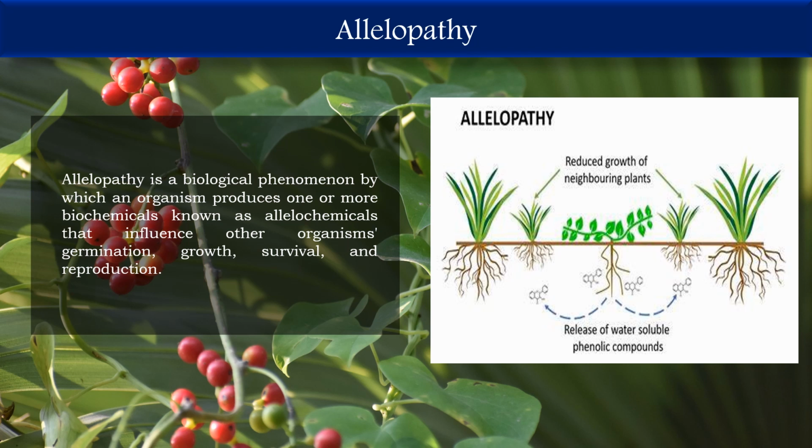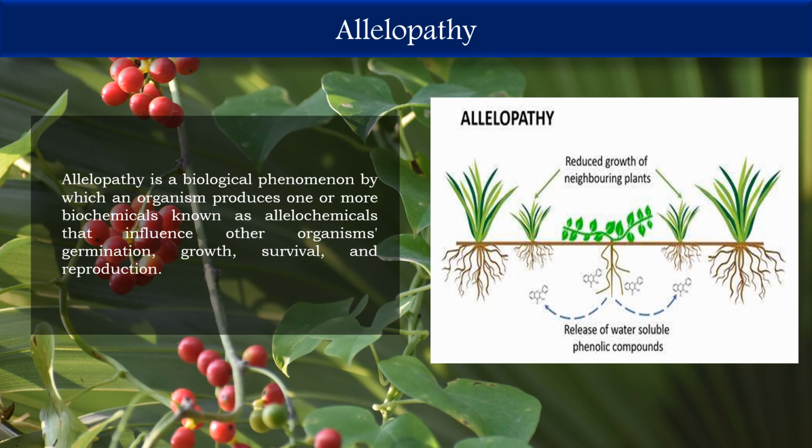As you can see in this picture, the middle plant releases water soluble phenolic compounds. The phenolic compound is the allelochemical that is released by this plant to the nearby plants.